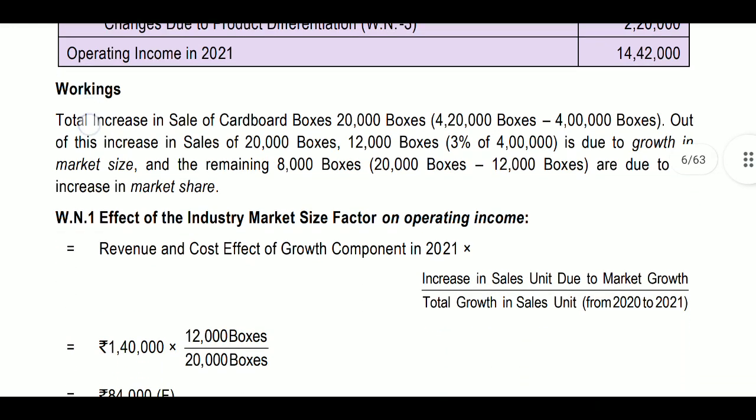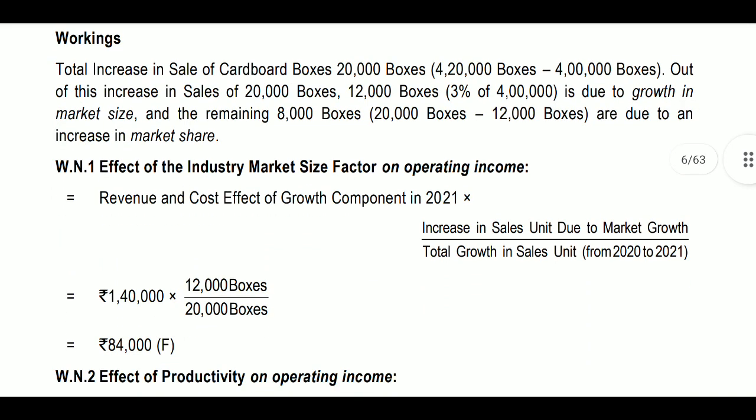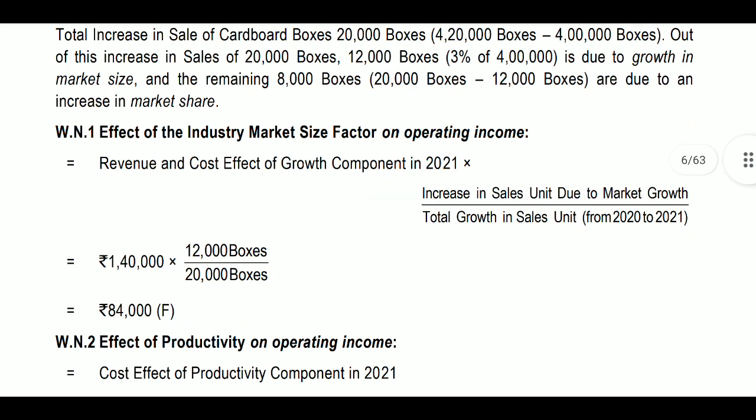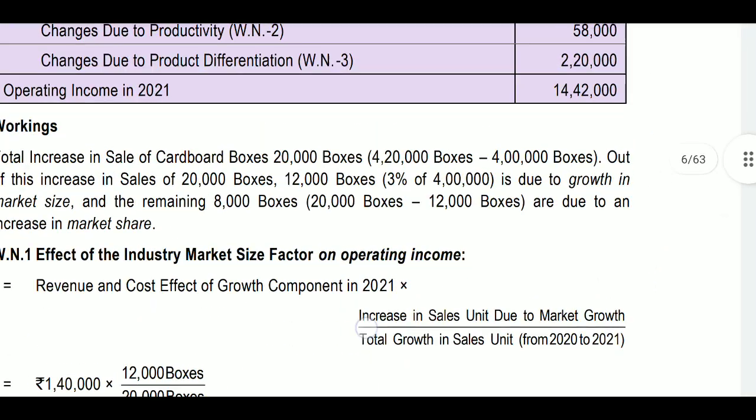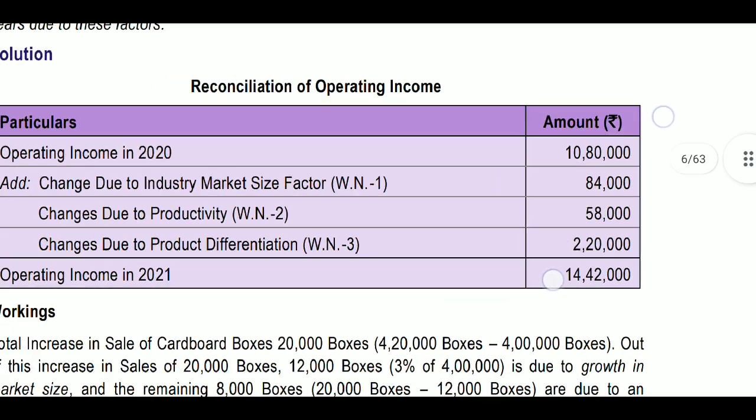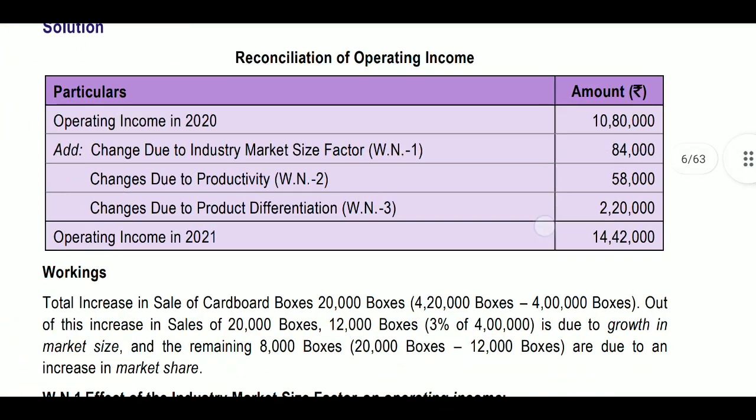For this, the effect of industry market size will be second. For market size, what amount did they provide? 1 lakh 40 was provided. 1 lakh 40 into 12,000 boxes divided by 20,000 is 84,000. So 84,000 was favorable. We will add back the 84,000 due to the change in industry market size factor.